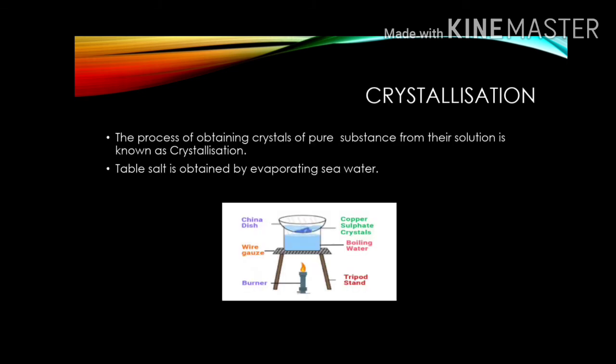The next is crystallization. The process of obtaining crystals of a pure substance from their solution is known as crystallization. Table salt is obtained by evaporating seawater, and here you can see how we get copper sulfate crystals. You just have to put boiling water in the beaker.